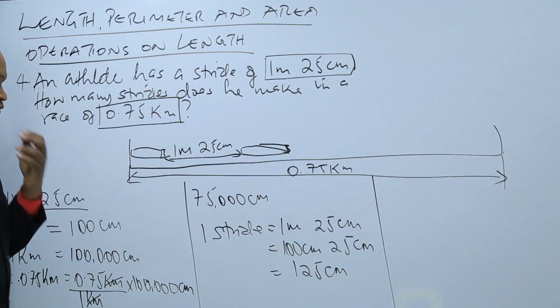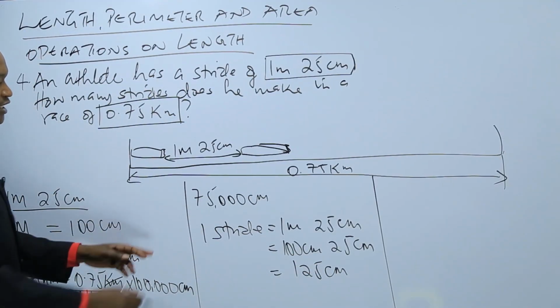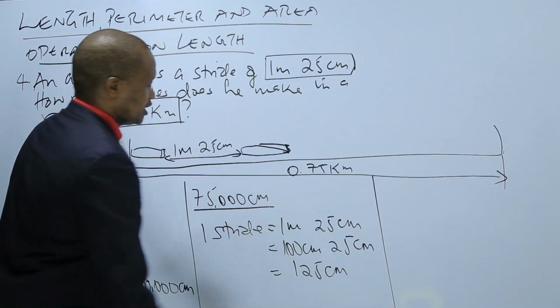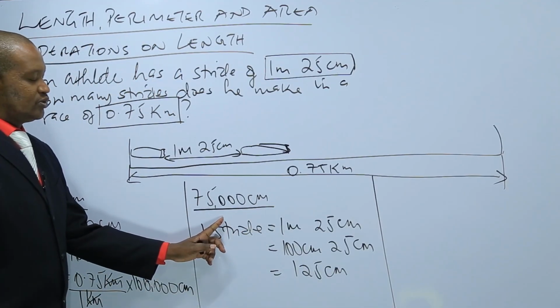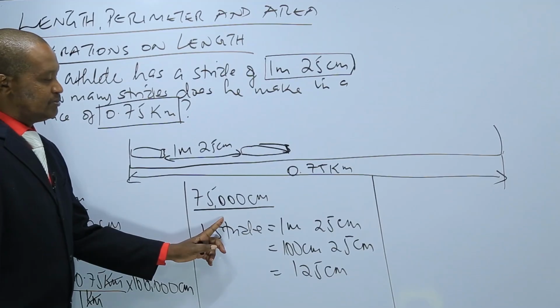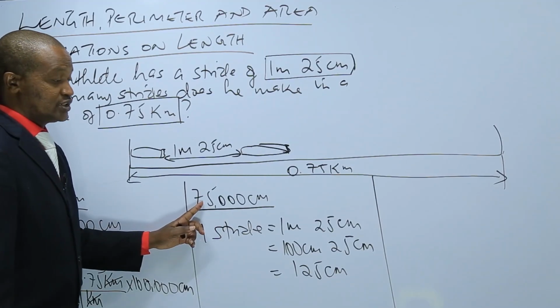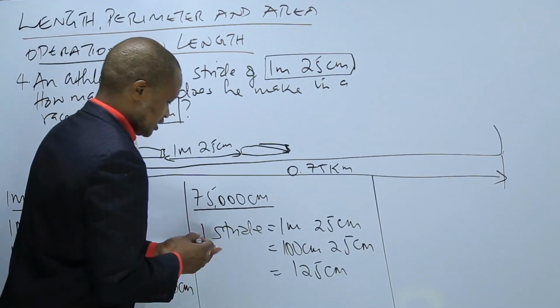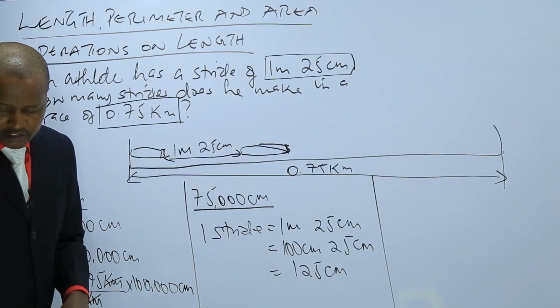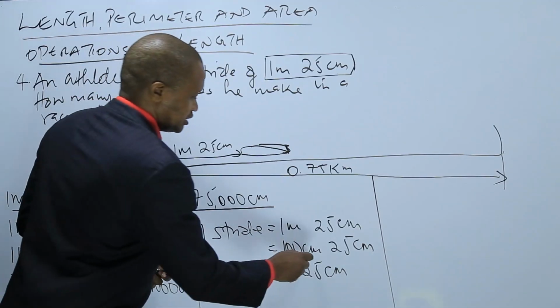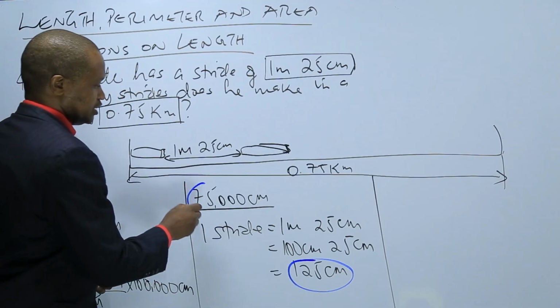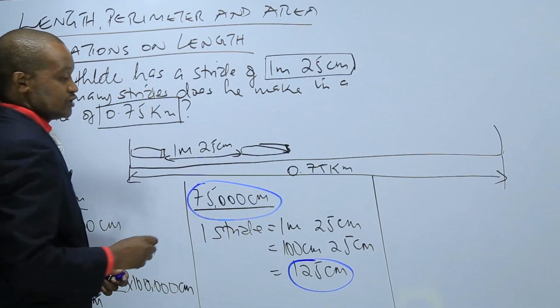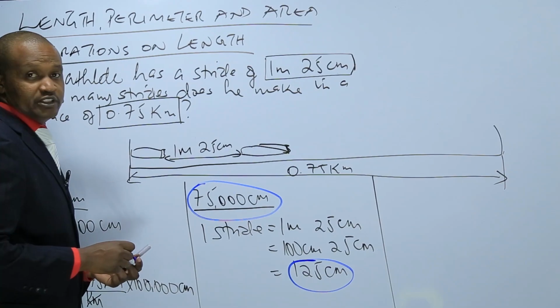So how many strides will the athlete make in 75,000 centimeters? So you see now, candidates, we are working here with uniform units. 125 centimeters per stride, and the race of 75,000 centimeters.